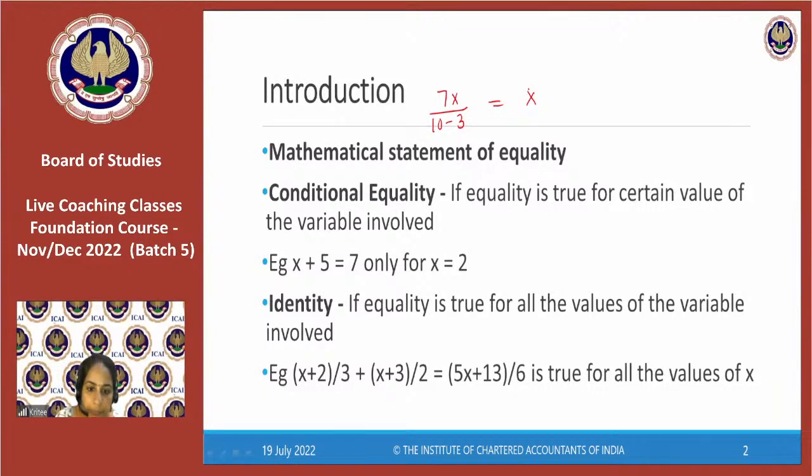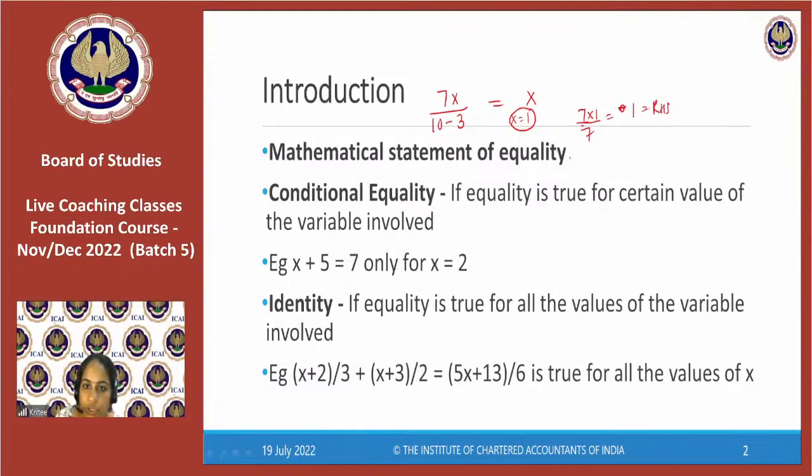Identity equality means that for any value of x, even if I put x equal to 1, the expression on the left hand side, 7 into 1 upon 7, gives me the answer 1, which is equal to RHS.